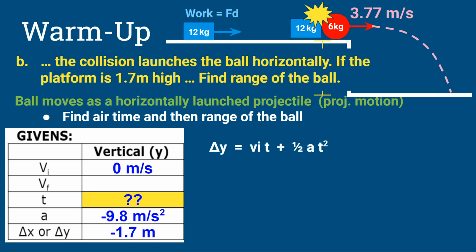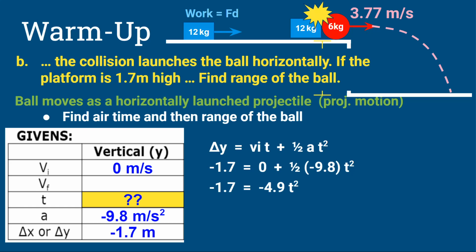So let's look at our vertical data so we can find our time. Looking at just this side of the table, remember, don't pick from both sides. We have this equation: delta y, that's my displacement vertically, equals v_i t plus 1/2 a t squared. With this formula, I can find time because I know delta y, I know a, and I know v_i. So if I substitute in, I get negative 1.7 equals 0 plus 1/2 times negative 9.8 times t squared.